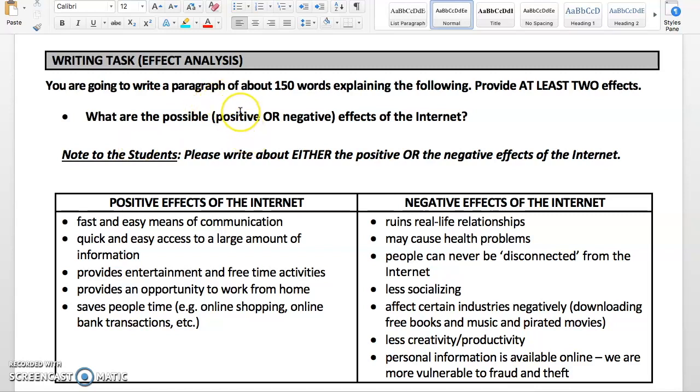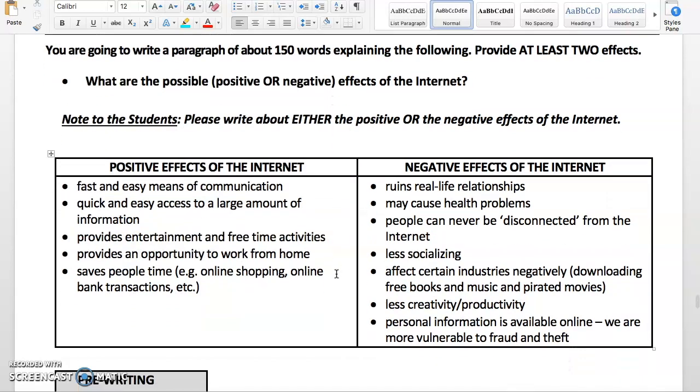Look at here, it says positive or negative. So you should either focus on the positive effects or the negative effects only, okay? The handout already provided us with some effects here. You can make use of these, or you can come up with your own ideas.